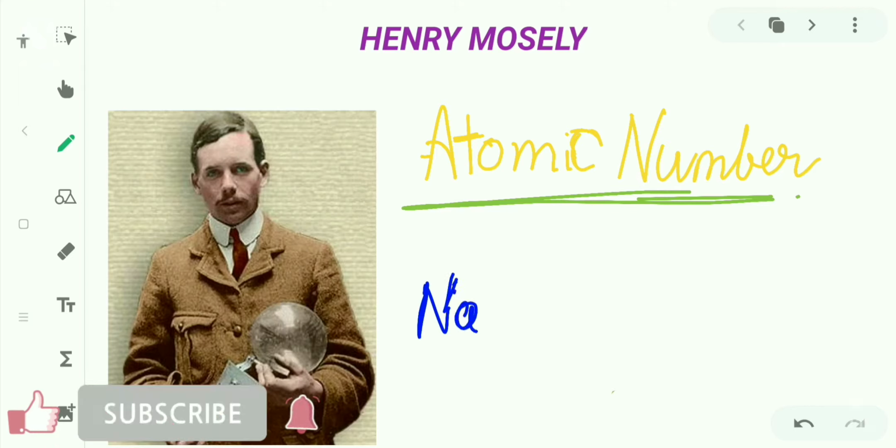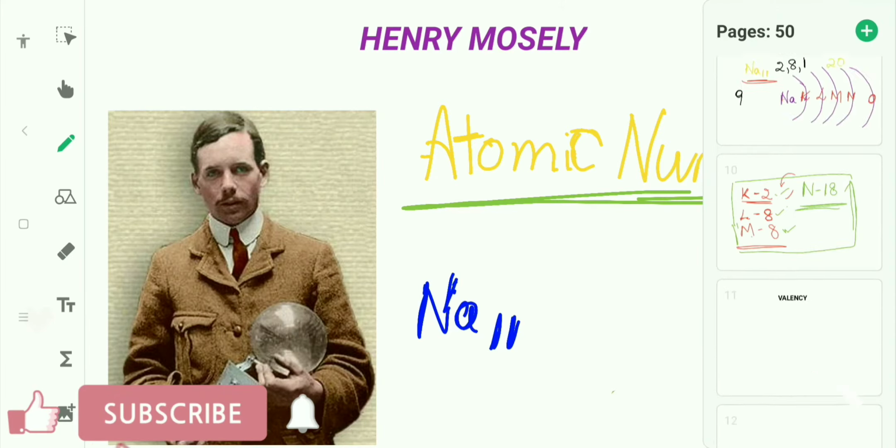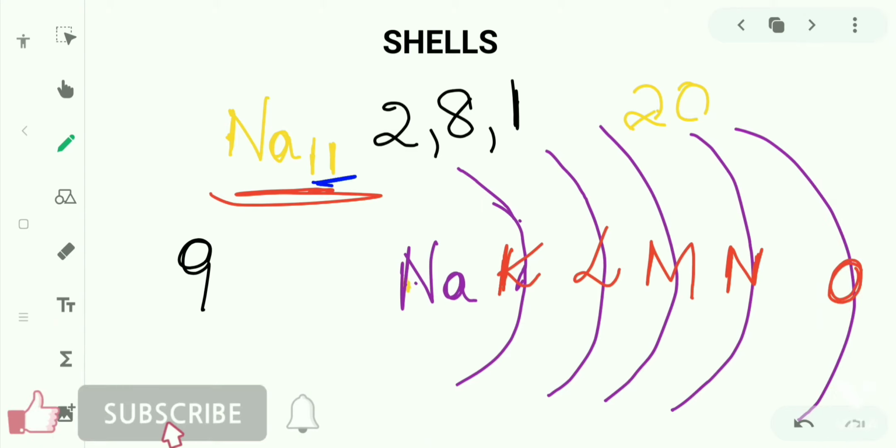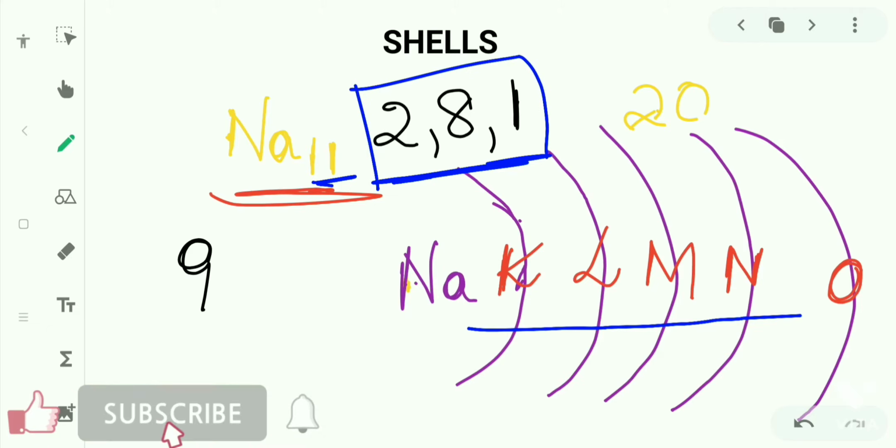Its atomic number is 11. So how did we write the shells here? Sodium has 11, which means it has 11 electrons, so we need to classify these 11 electrons in the atomic orbits. We classified the electrons as 2, 8 and 1.